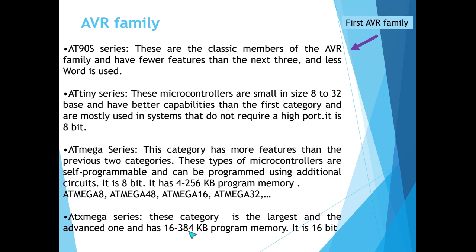As you see, the difference between these two types is completely clear from the values related to their program memory. Also, this type, with respect to the two previous types, Tiny and Atmega series, includes 16-bit. However, the two other ones, the previous ones, include only 8 bits.